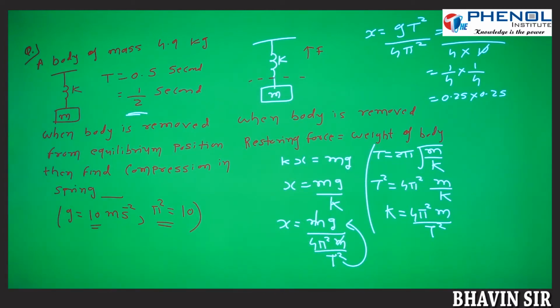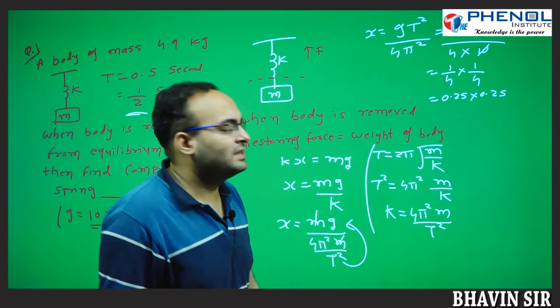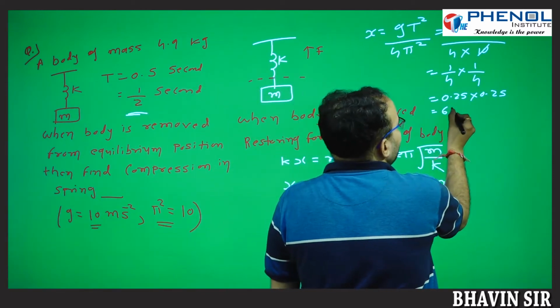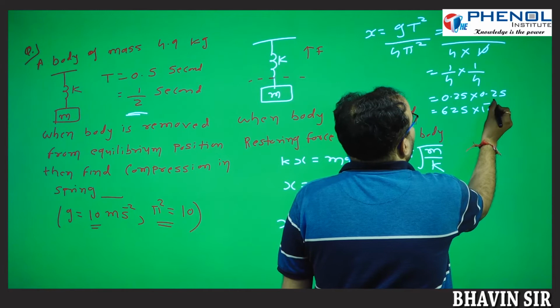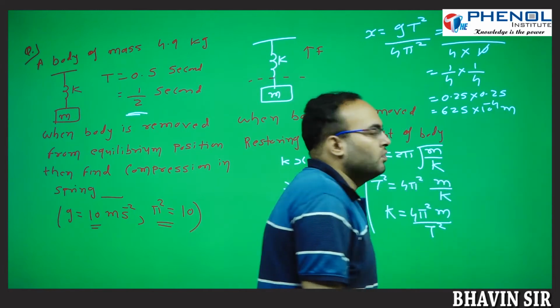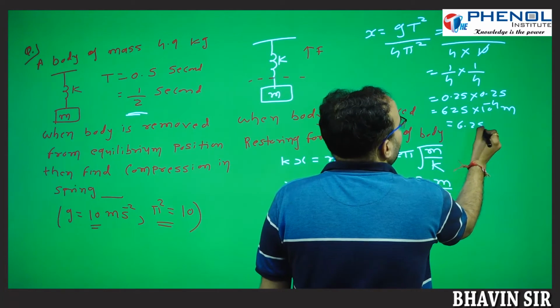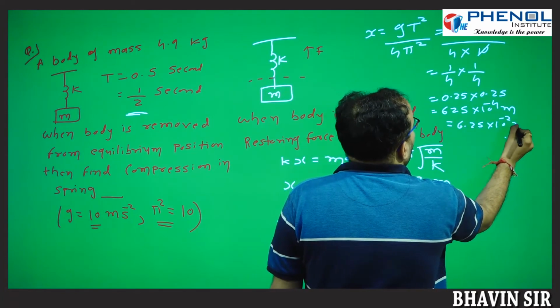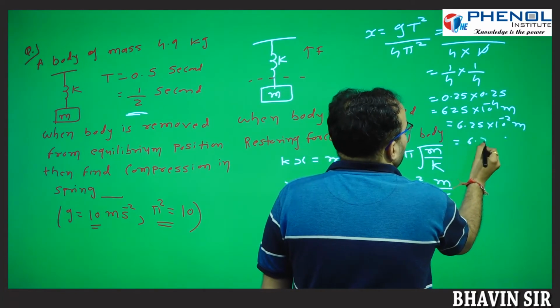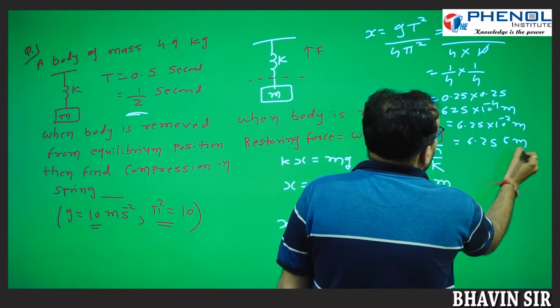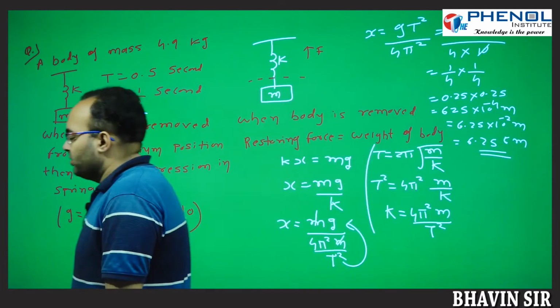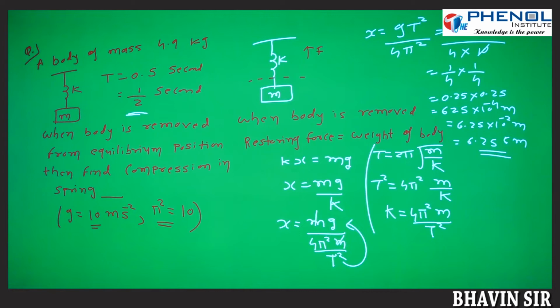So it is 25 into 25, 625. So it is 625 into 10 raised to minus 4 meter. So we can write that as 6.25 into 10 raised to minus 2 meter, so 6.25 centimeter. So the compression in the spring is 6.25 centimeter.